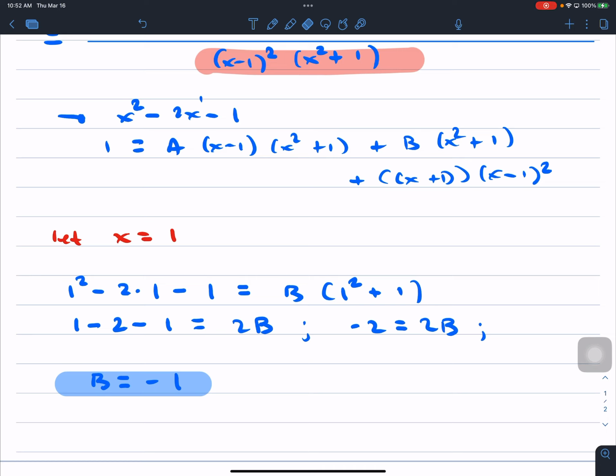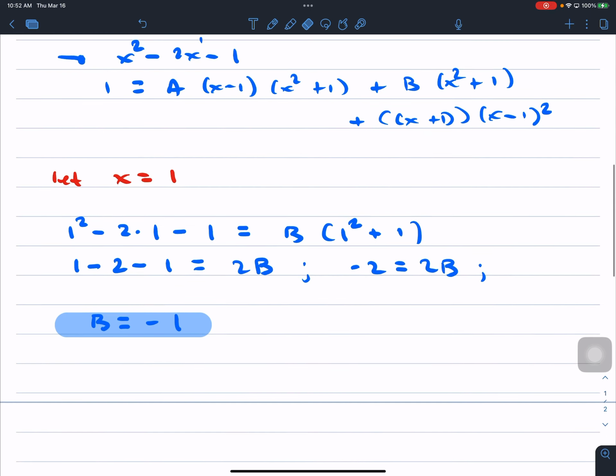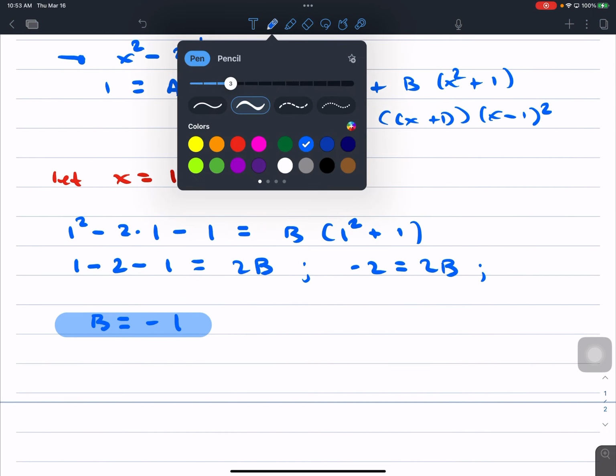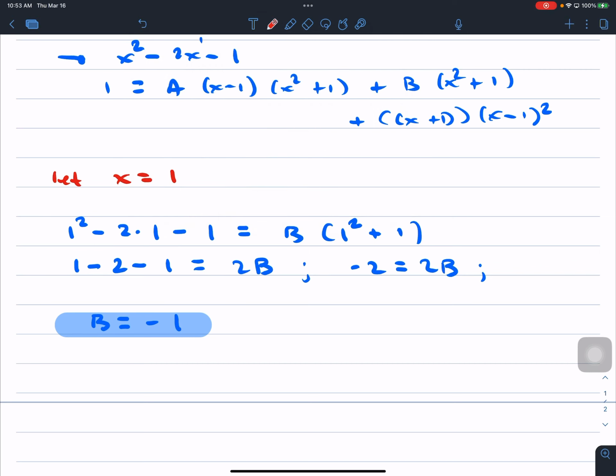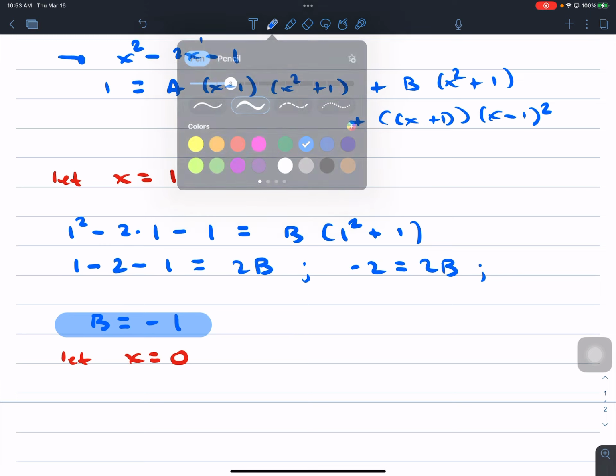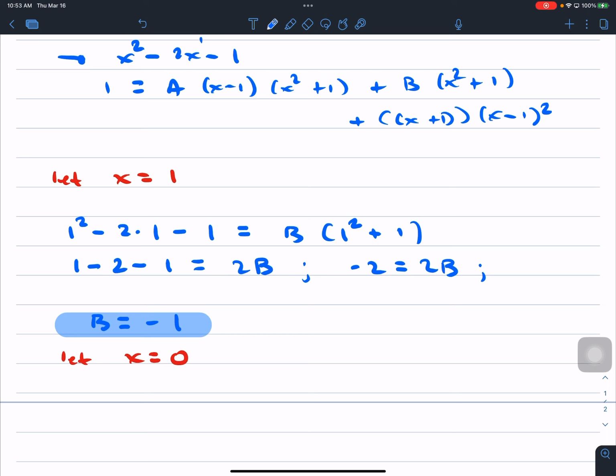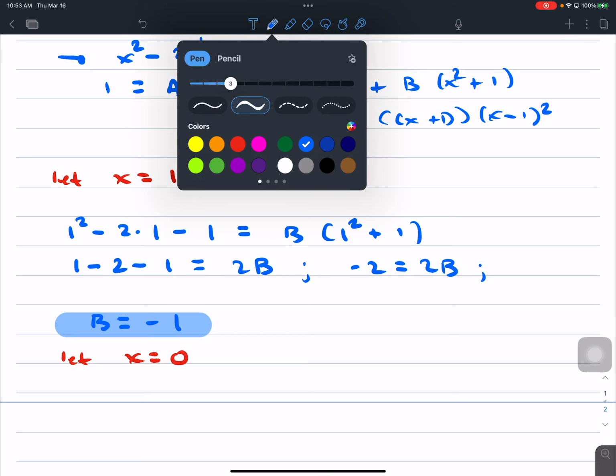So you go, oh my God, what's the problem now? Well, remember, you can actually let x be any number. So if I said I always go to 0, why do you guys think I go to 0? Why is 0 a good option?